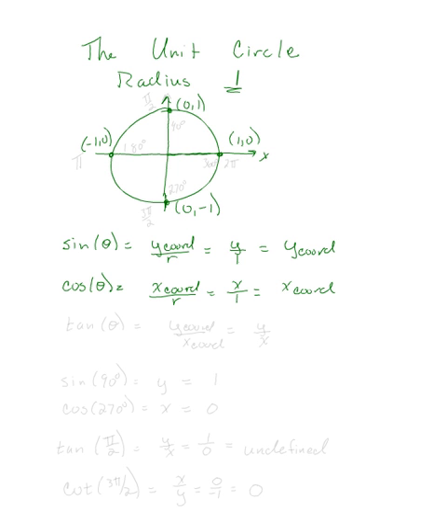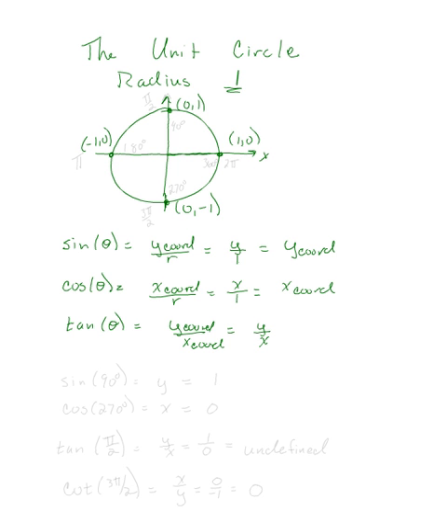So again, the cosine of theta on a unit circle is simply x. Tangent of theta we don't get any breaks on, because if you recall, tangent of theta is the y-coordinate over the x-coordinate, or y over x.